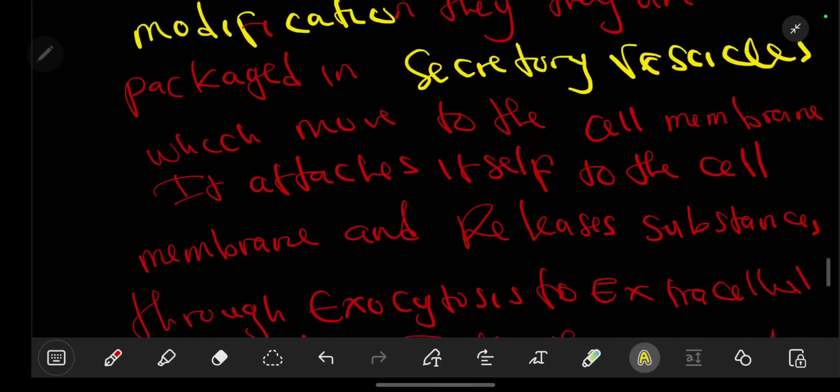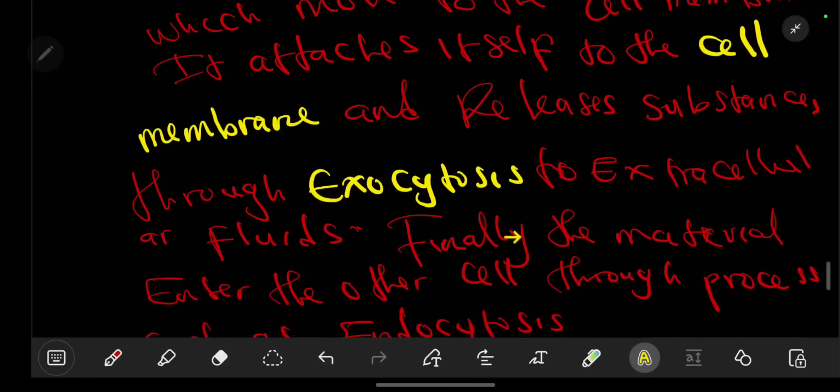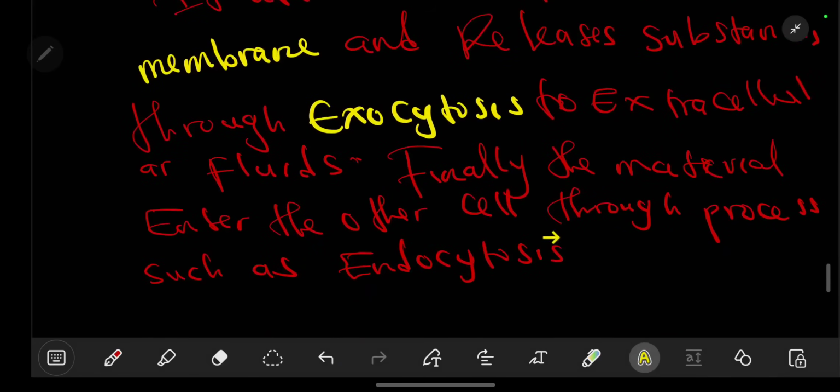These secretory vesicles attach themselves to the cell membrane, and then they release substances through exocytosis to the extracellular fluid, which is just the fluid in between cells. Then finally the materials enter the other cell through various processes such as endocytosis.